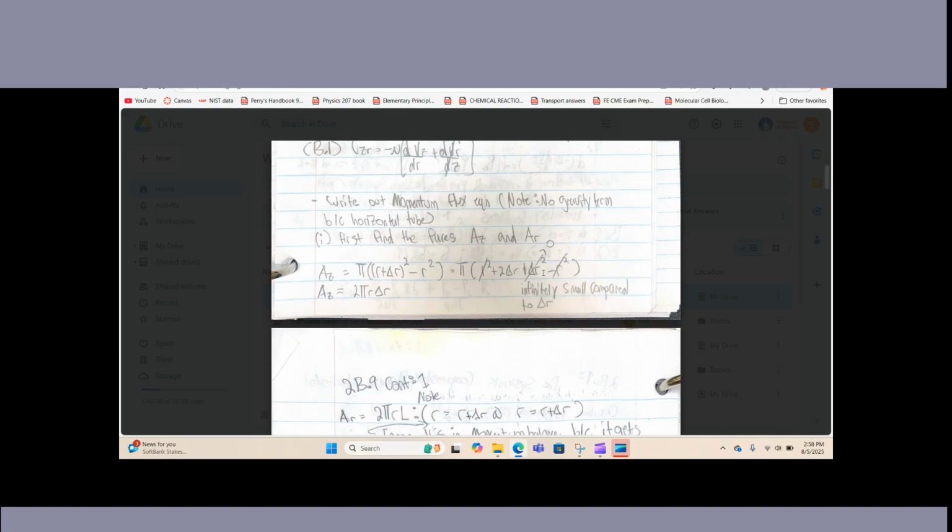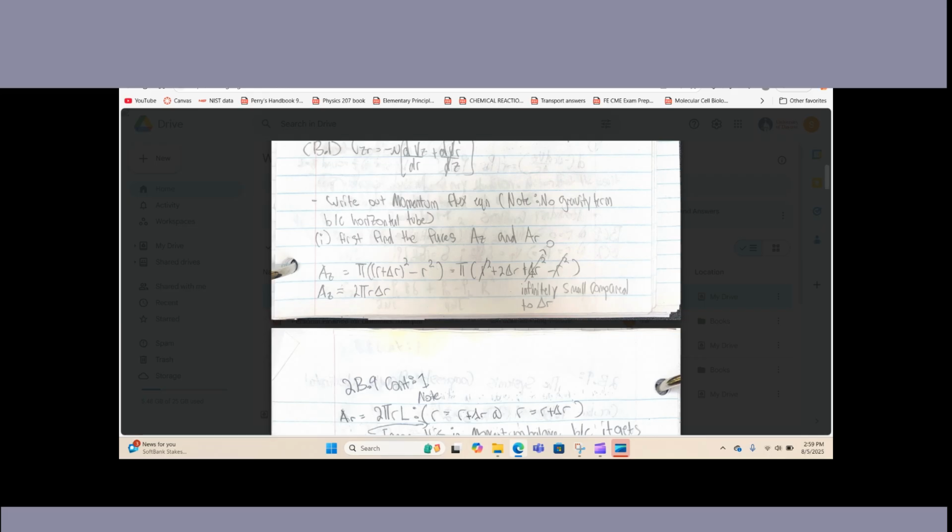Integration is based on infinitely small calculations, like the area under a curve, or finding slopes. I don't know how to explain it better, but delta r is infinitely small.